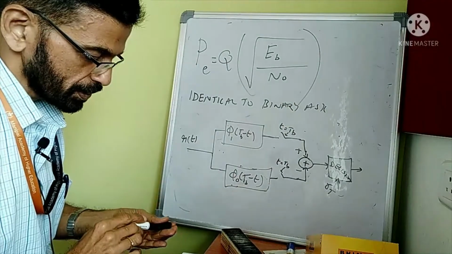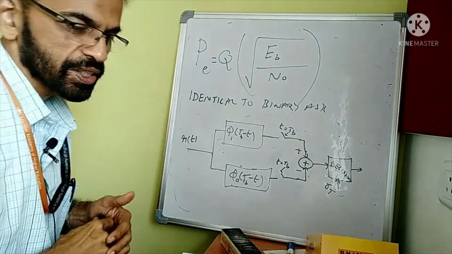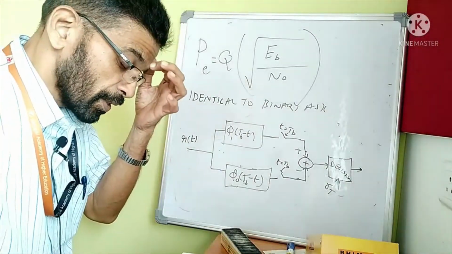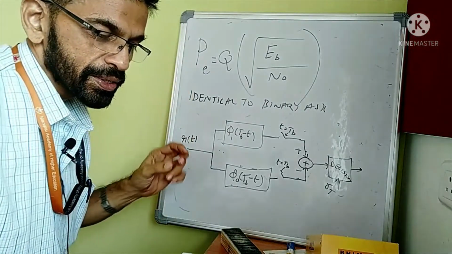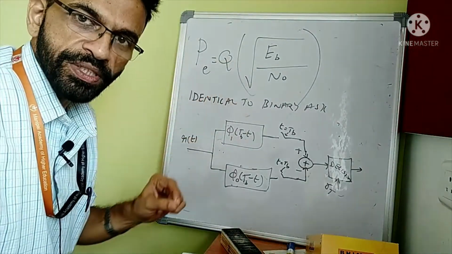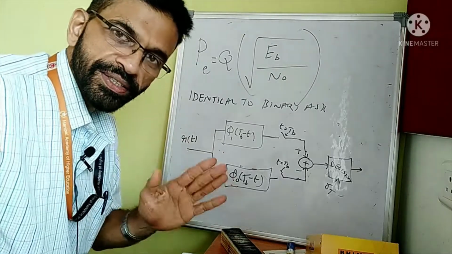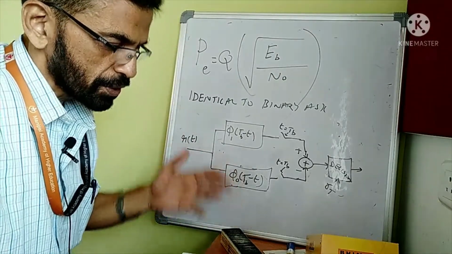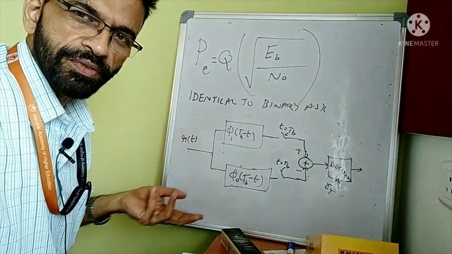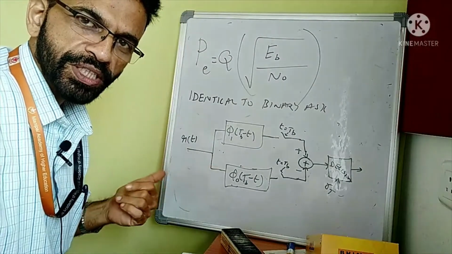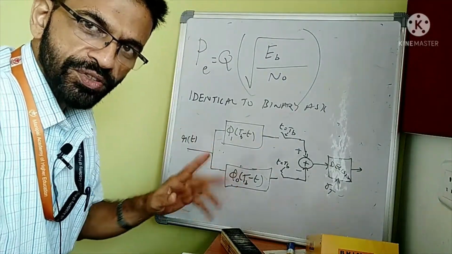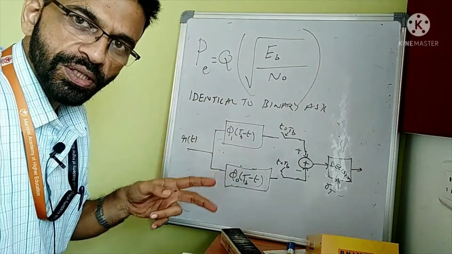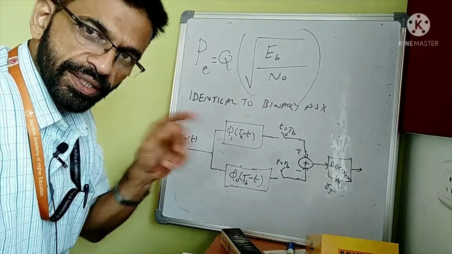So error probability performance wise, binary ASK and binary FSK are identical. And you can see that EB is the average bit energy. In the case of binary ASK, if you recall, one of the bits was transmitted with an energy of 2 EB, the other one was transmitted with an energy of 0. So the average is EB. Here both the bits are transmitted with the energy EB, and hence the average is EB.